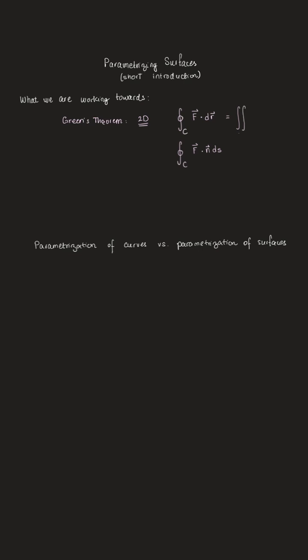So we might say over some region, for the measure of circulation, we integrate the partial of Q with respect to x minus the partial of P with respect to y over a 2D region.